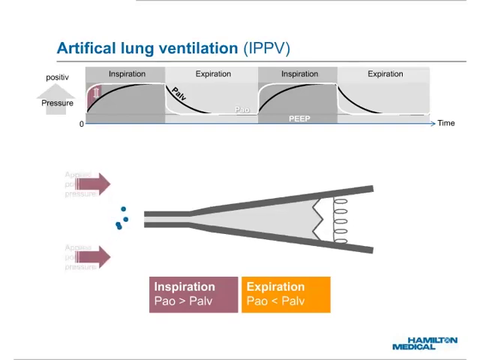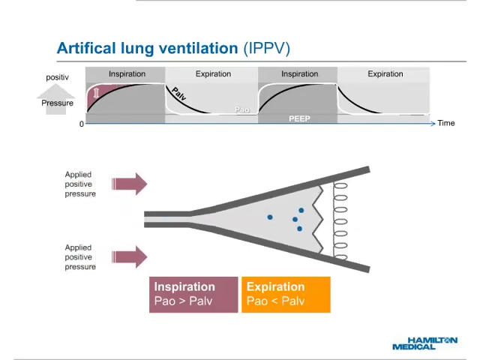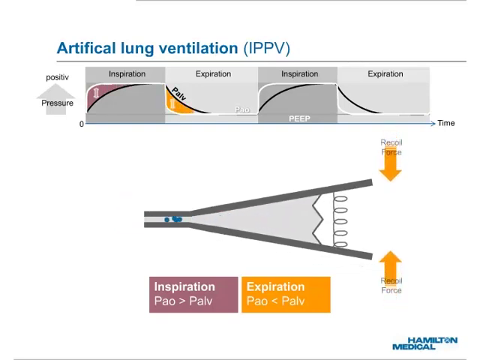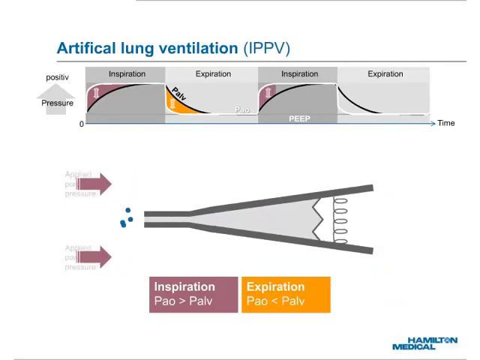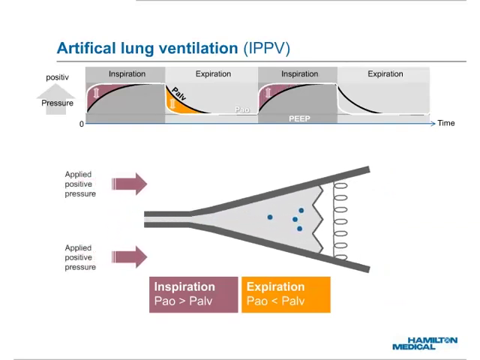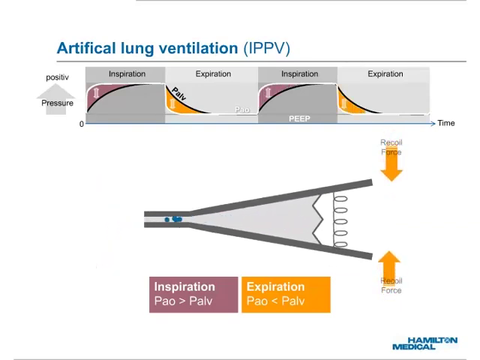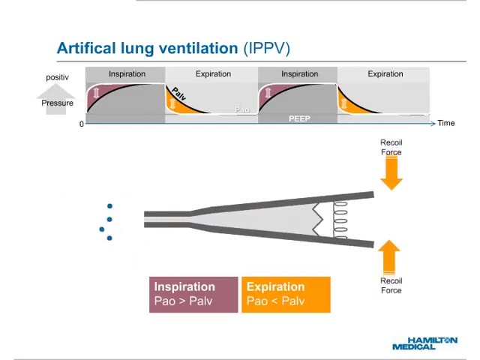A. Inspiration. When artificial inspiration begins, the ventilator system raises the airway opening pressure, PAO, from the pressure baseline to the peak pressure, generating a temporary gradient where the airway opening pressure is higher than the alveolar pressure. The gas is pushed into the lungs.